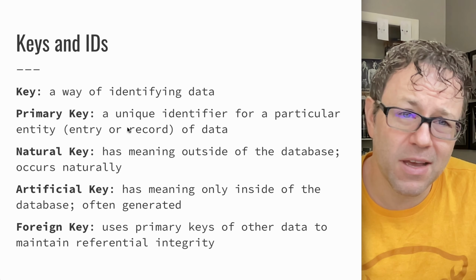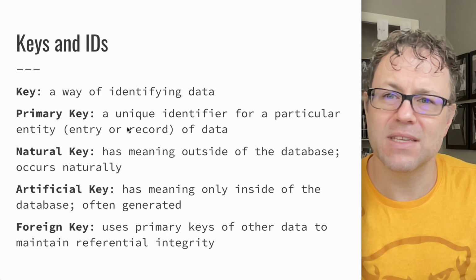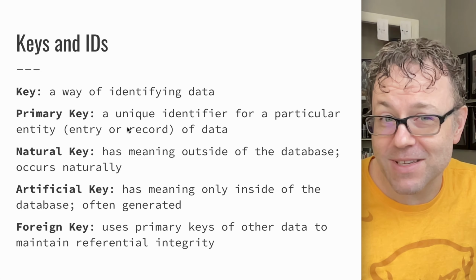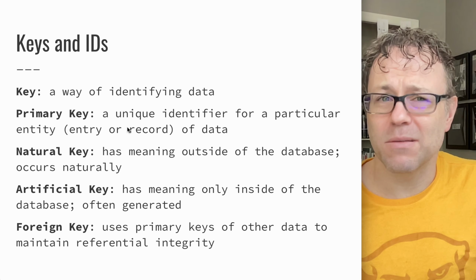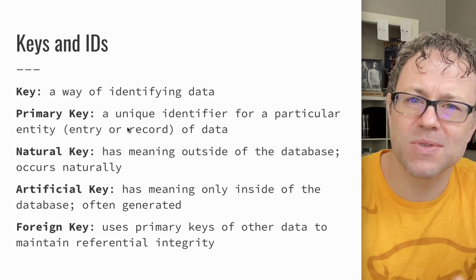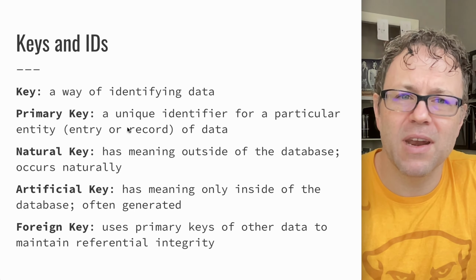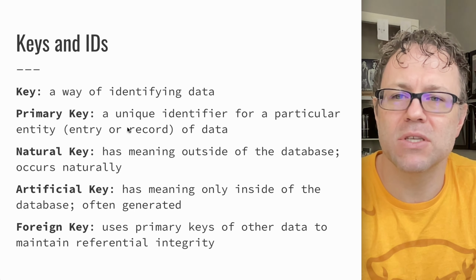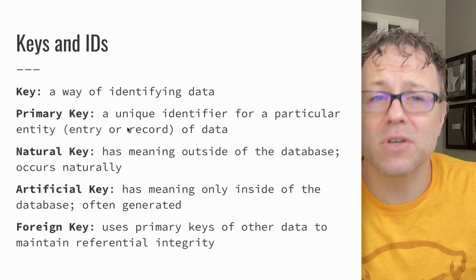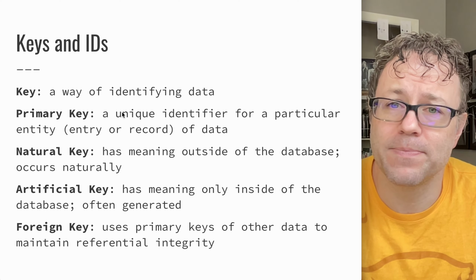And a natural key, like we said, has meaning outside of the database. It occurs in the world. It occurs naturally, maybe not so naturally. Maybe it is somewhat man-made, but it has some kind of meaning outside of the database, whereas an artificial key is one of these sequences, serial numbers, something like that, that we've generated only for the purposes of the database and not much else. Foreign keys are primary keys that refer to other data in our database.